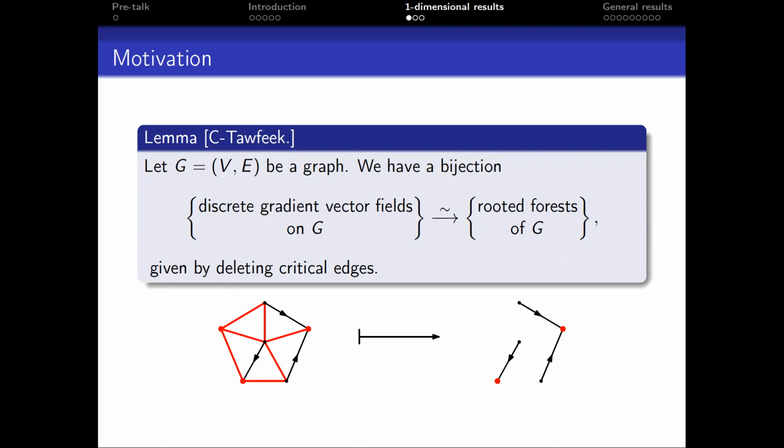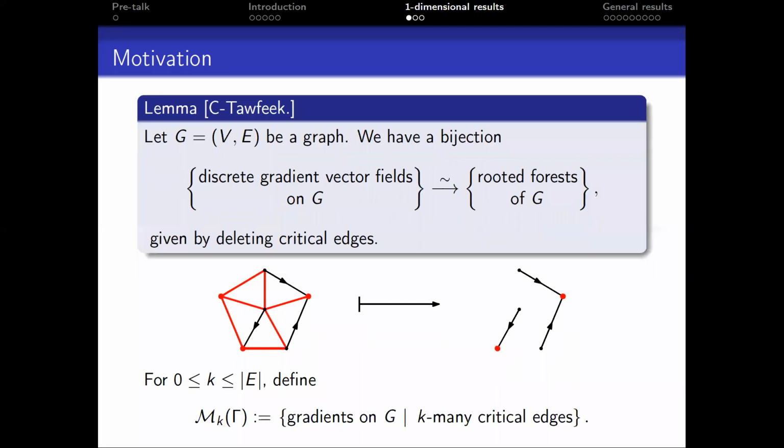So whatever you are left with is something that has no cycles, and it has some directions. So then it was natural to think that what you're actually left with is a rooted forest, and it turns out to be true. So then you can define this number, m_k of gamma, that is the number of gradients on a graph that has k many critical edges. So it's the counting problem that we want to solve.